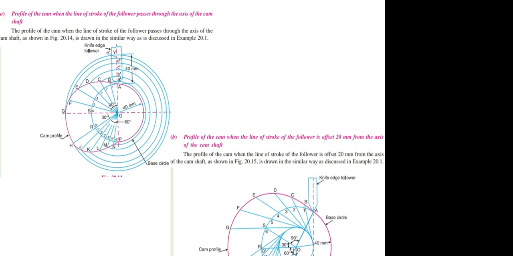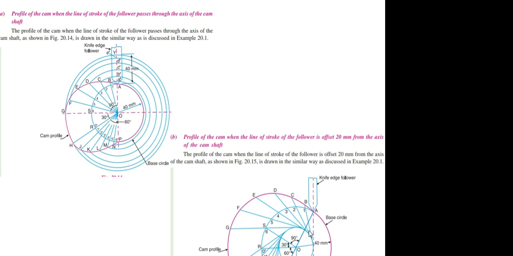Join AO. From AO, divide the base circle. Now from AO, theta O is 90 degree. Then dwell first is of 30 degree. Then theta R of 60 degree, and the remaining is second dwell of 180 degree.